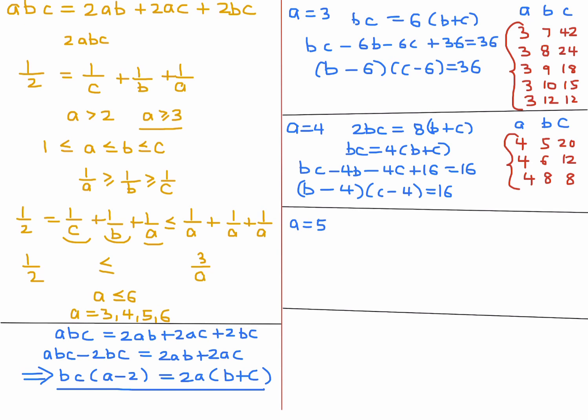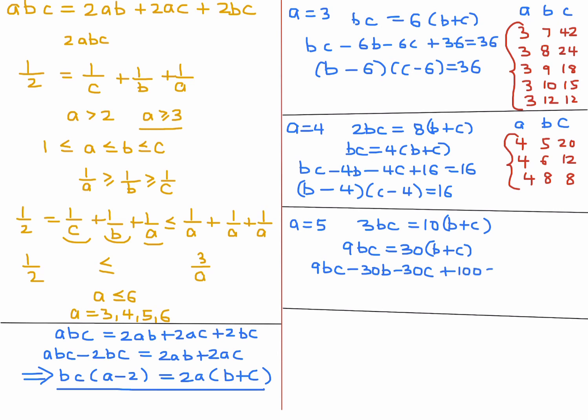And again, using that formula, we get 3BC is equal to 10B plus C. And therefore, if we multiply both sides by 3, we get 9BC is equal to 30B plus 30C. And therefore, 9BC minus 30B minus 30C.